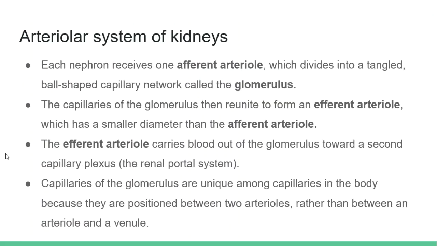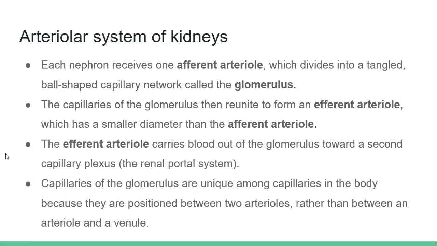Arterial system of the kidney nephron. Each nephron receives one afferent arteriole which divides into a tangled ball-shaped capillary network called the glomerulus. The capillaries of the glomerulus then reunite to form an efferent arteriole, which has a smaller diameter than the afferent arteriole.